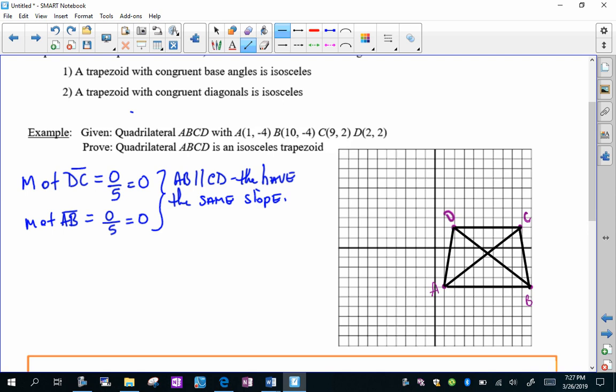All right, so how am I going to do that? Well, I want to know if the two lines are the same length or the same distance. You got it, distance formula. So let's write that down.